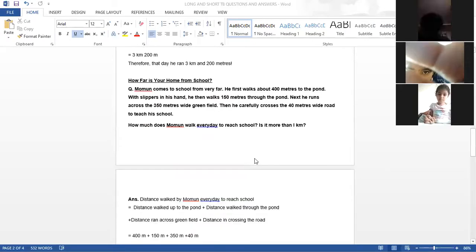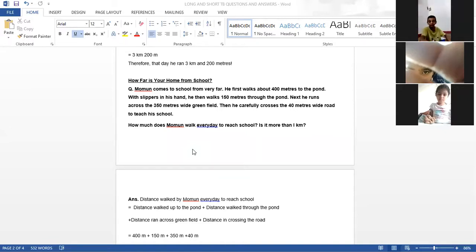How far is your home from the school? You can see the same in the textbook. We are doing all textbook problems today. There is a student who wants to come from home to school, but it is far away. While coming to the school, he has to cover different places or areas.